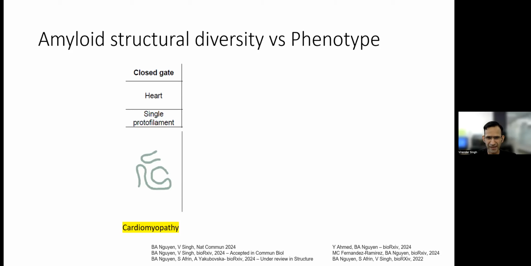Most of the wild type cases have this conformation. The majority of the mutations have this closed gate conformation, and most of the structures reported till now fall under the cardiomyopathy category.